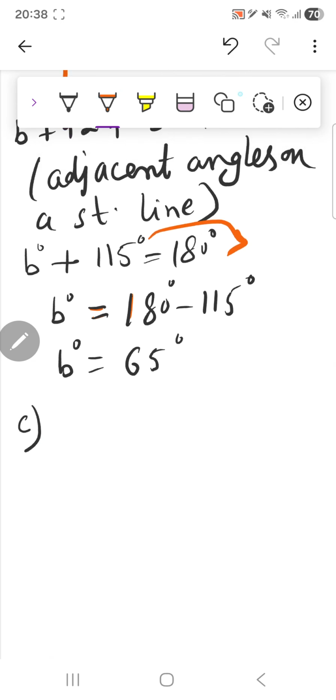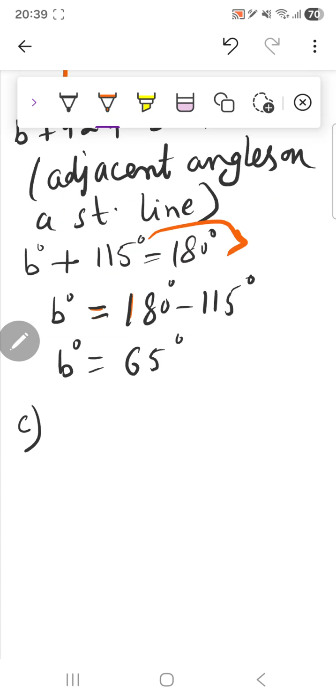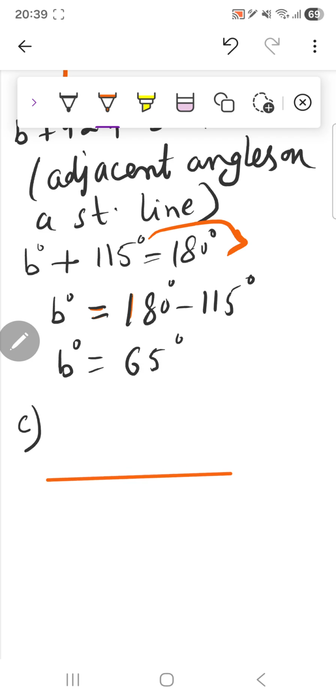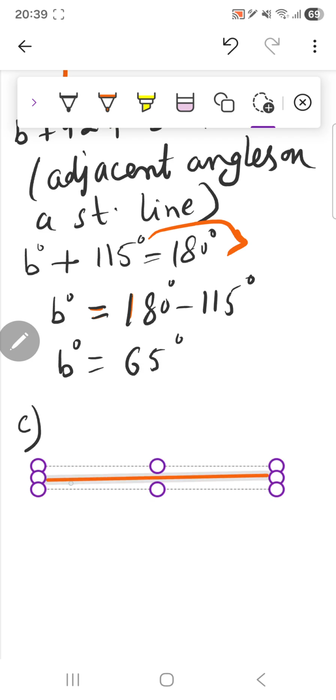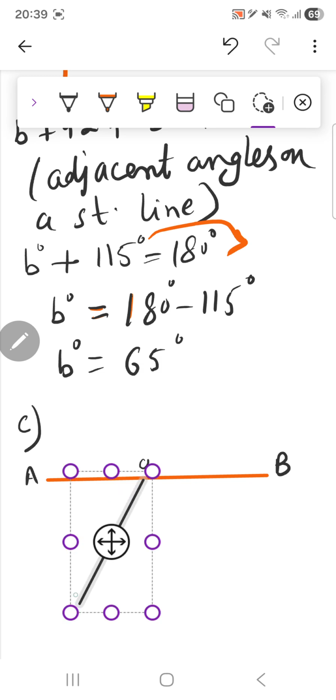Okay, let's do C part. This is the straight line. You can say AOB. Now there are three angles again.